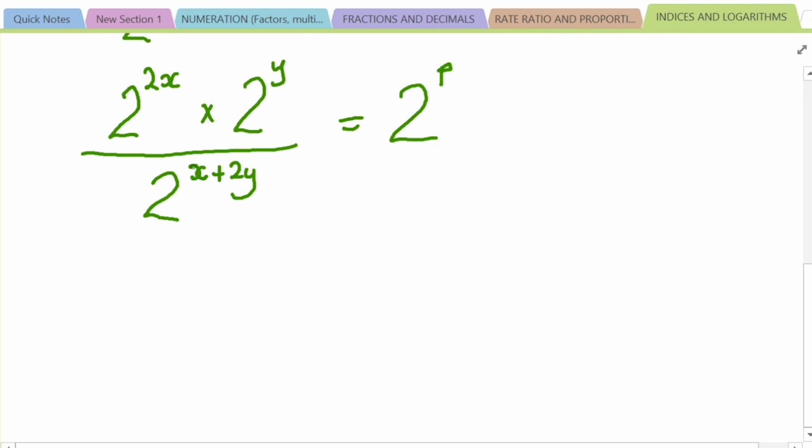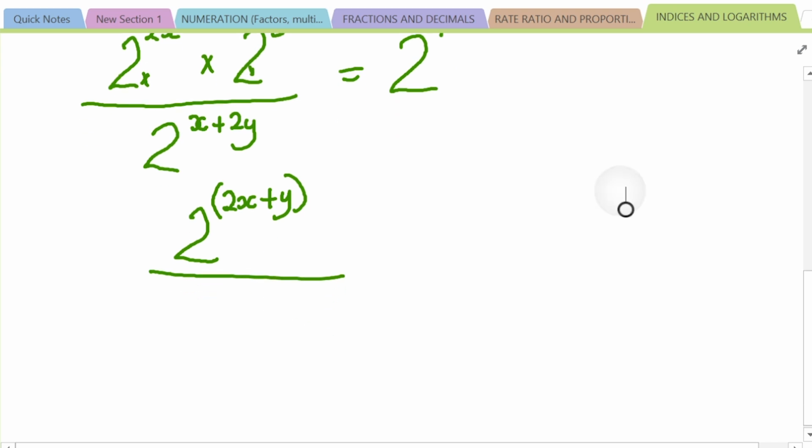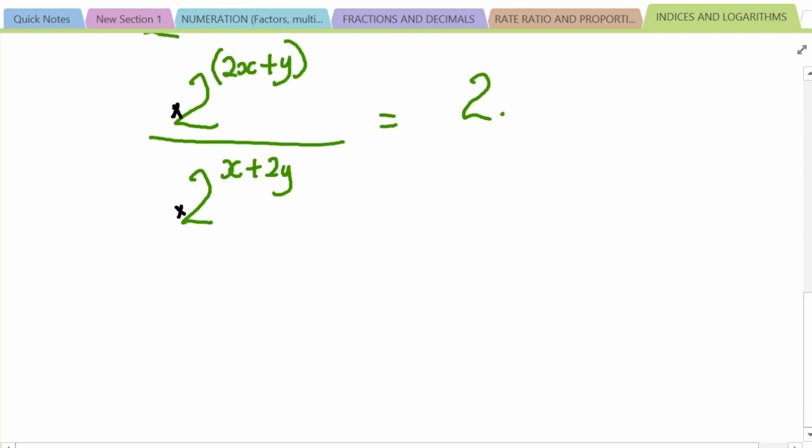So according to the law of indices, when the bases are the same, we shall add the powers. So this is going to become 2, and the powers we add give 2x plus y. Divide that by 2 to the power x plus 2y. That is still going to give us 2. Again, from the laws of indices, when the bases are still the same and you're dividing, we subtract the powers.